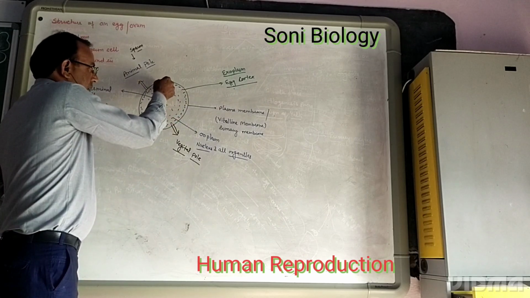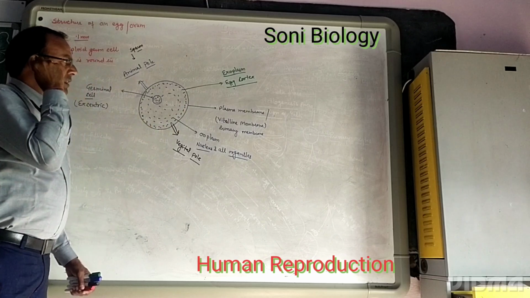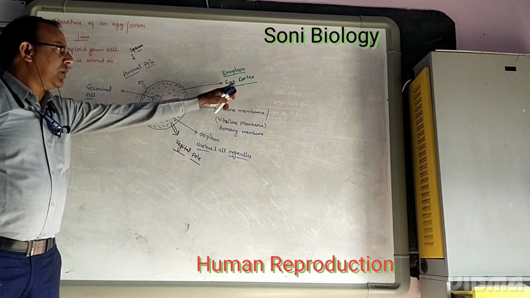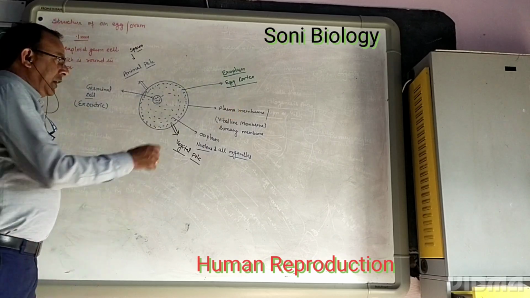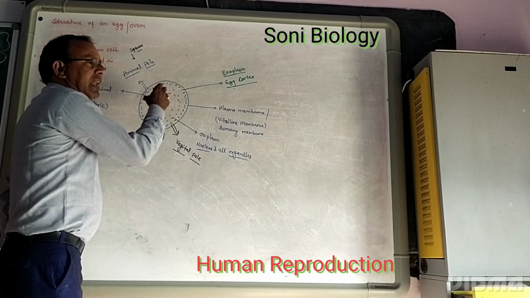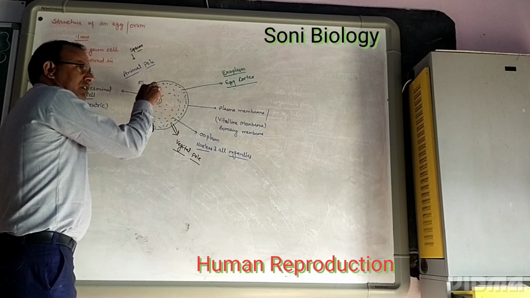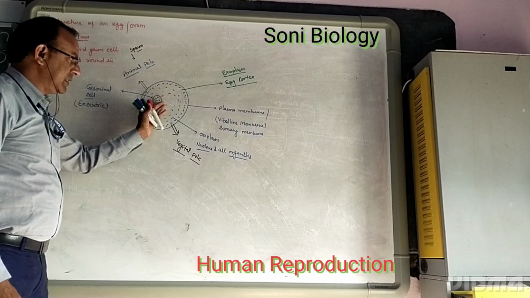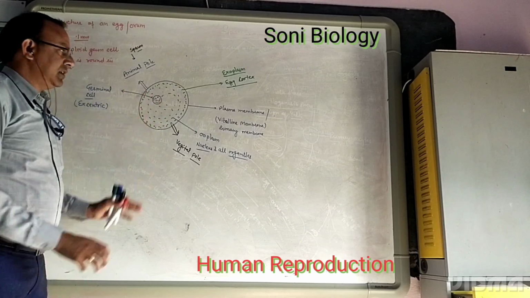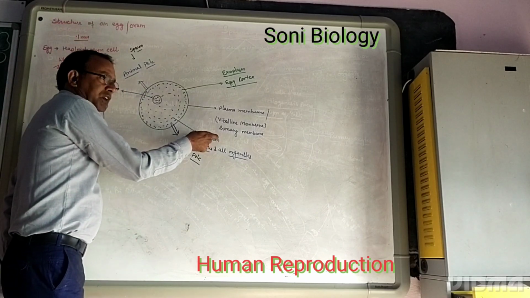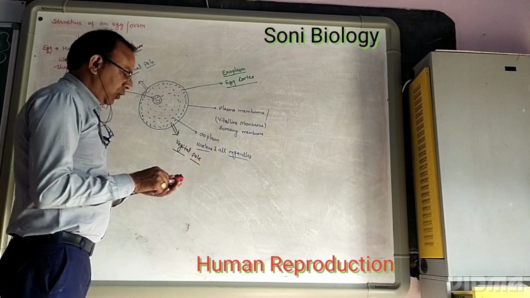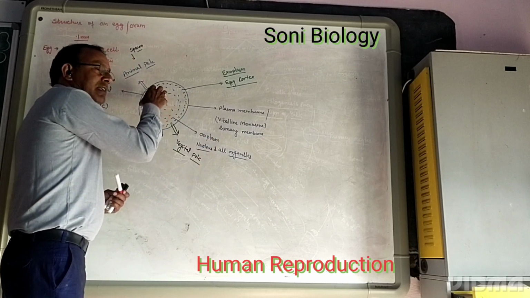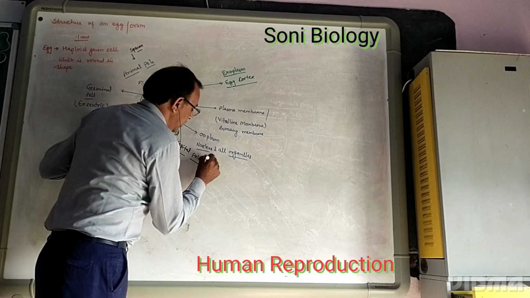The first region, closer to the plasma membrane, is called exoplasm or egg cortex. It is less dense, but the central zone, which contains cytoplasm and nucleus, is called ooplasm. It contains the nucleus and cell organelles.